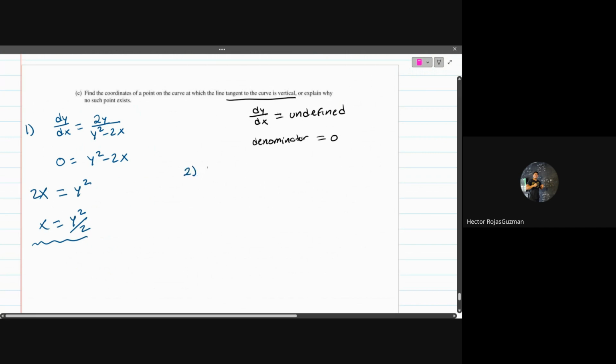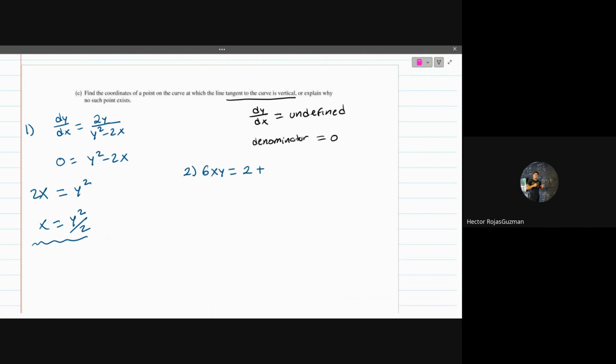The original function is 6xy equals 2 plus y to the power of 3. Take what we got for x and plug it in. So 6 times y squared over 2 times y is equal to 2 plus y to the power of 3. Now that our function is in terms of y, all we've got to do is solve for y.